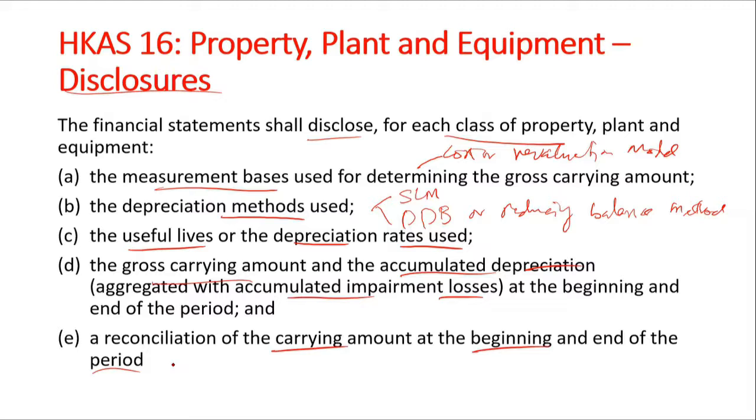So there are always 2 years of statement of financial position in the annual reports, the current year and the prior year, right? So if you go to the notes on PPE in the company's financial statements, there is going to be a note, and that note will give you the complete reconciliation from the beginning balance to the ending balance of PPE.